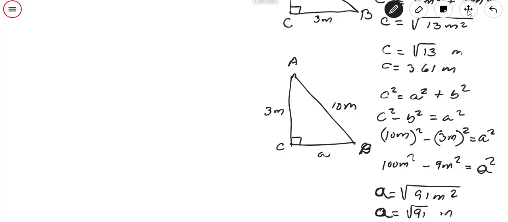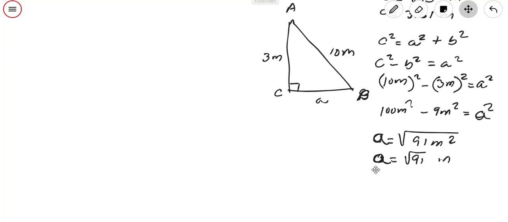If I find, for example, the square root of 91, I can say that in this case A is equal to 9.54 meters, right? So this is how you find the length of the side of the triangle.